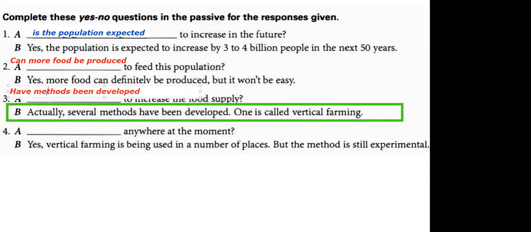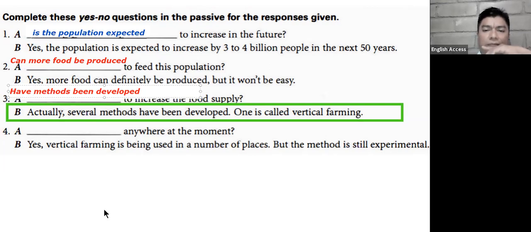How many? No, but it's a yes or no question. So you can say more. Or you don't have, have more methods been developed? Perfect. I think that would be good.